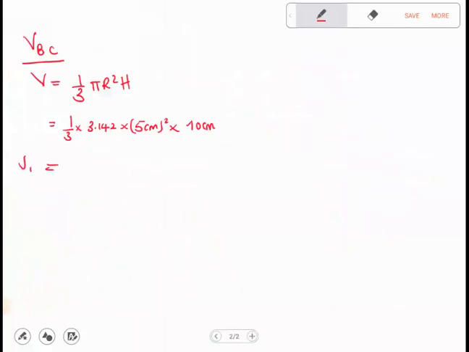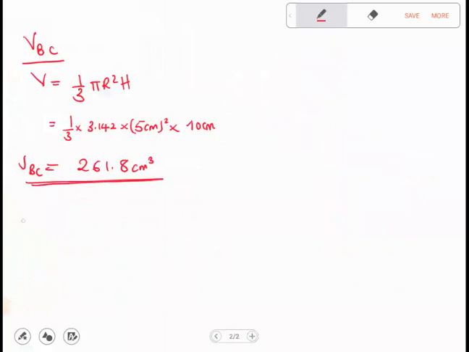So the volume of the bigger cone is 5 squared, which is 25, times 10, times 3.142, divided by 3. It's giving me 261.8 cubic centimeters. So this is the volume of the bigger cone.